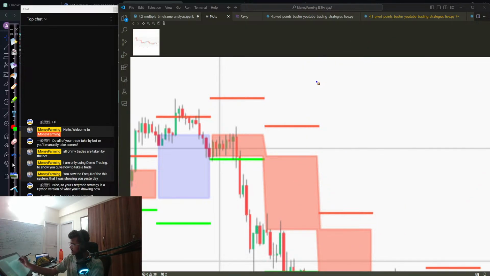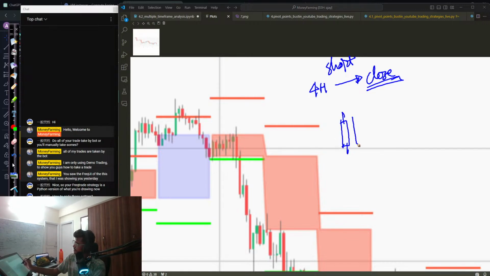Okay, so let's code it. What we need is the 4-hour close, for short. And what we got to see is one candle, so like this. First we're going to see the bull candle, and then I want to see the red candle. So this is what the condition will be.